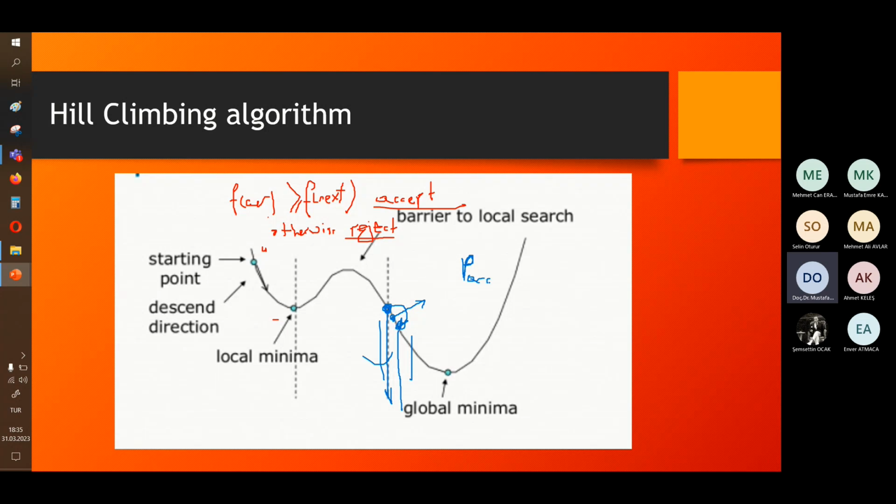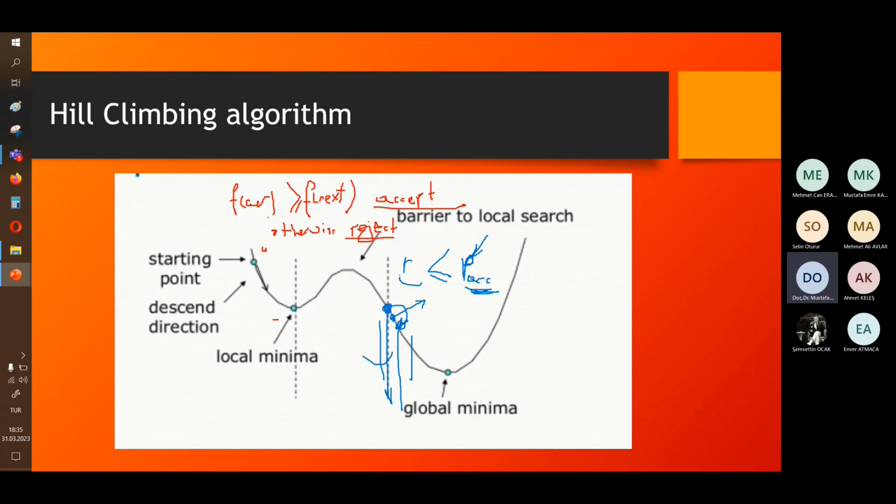And we will throw a random number. If the random number is smaller than the acceptance threshold, we will accept it even though it is not a good solution. From time to time, we will be accepting bad solutions, and we will decide this with the help of this threshold value.